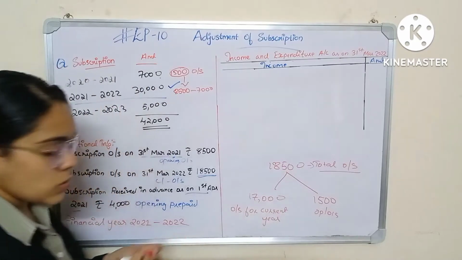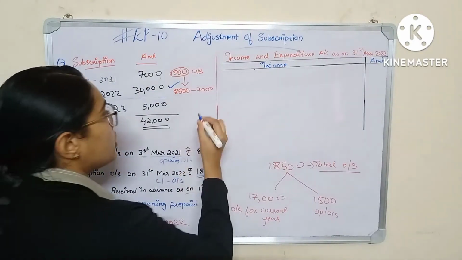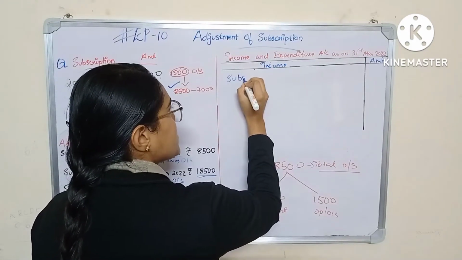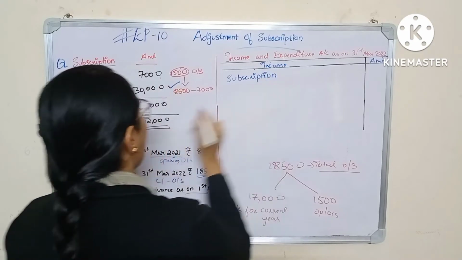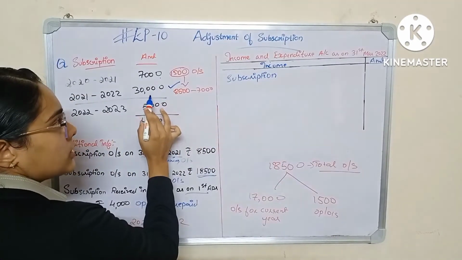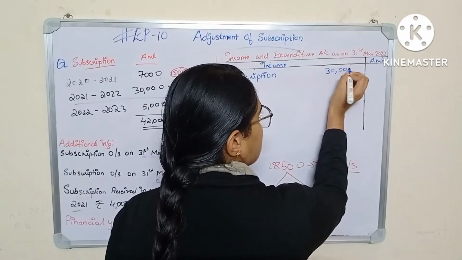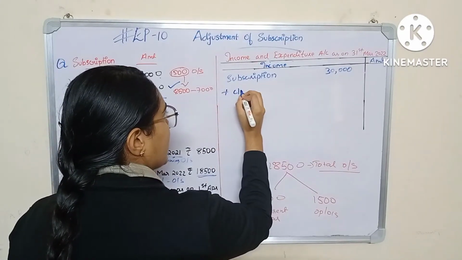So now back to the solution. In the income and expenditure account, you will first show the amount actually received by you. Subscription: the amount received during the year is 30,000, so you will write it in the inner column, 30,000. Then you have to add the closing outstanding.